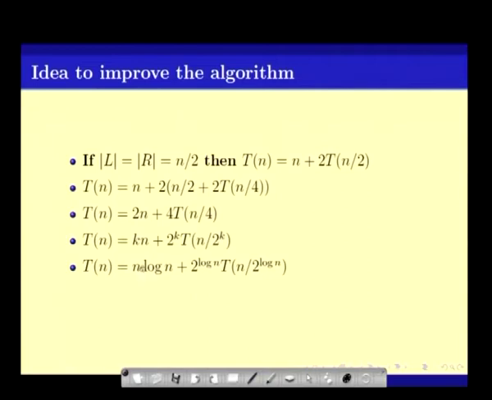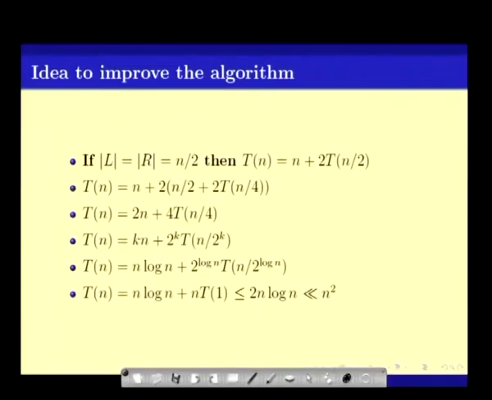So, what do we get? n log n plus n times T of 1. Now, this is a significant improvement, because n times log n plus n T of 1 is less than twice n log n, and this is much less than n square.